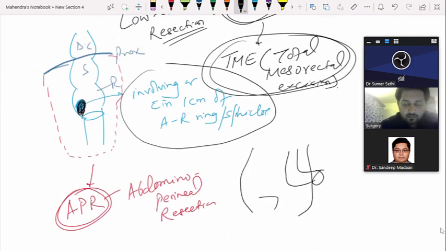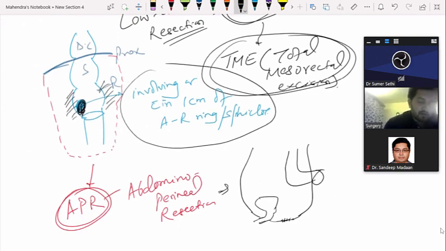Okay, suppose this is the bladder, there is this urethra, that is fine. The anal opening will be closed with suture. So following APR, you have to make a permanent descending colon stoma. In APR also, when you do the surgery, you need to remove the whole mesorectum.